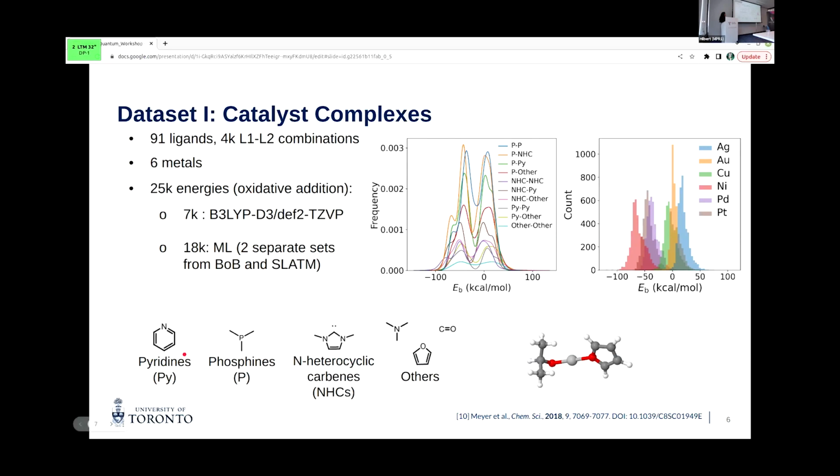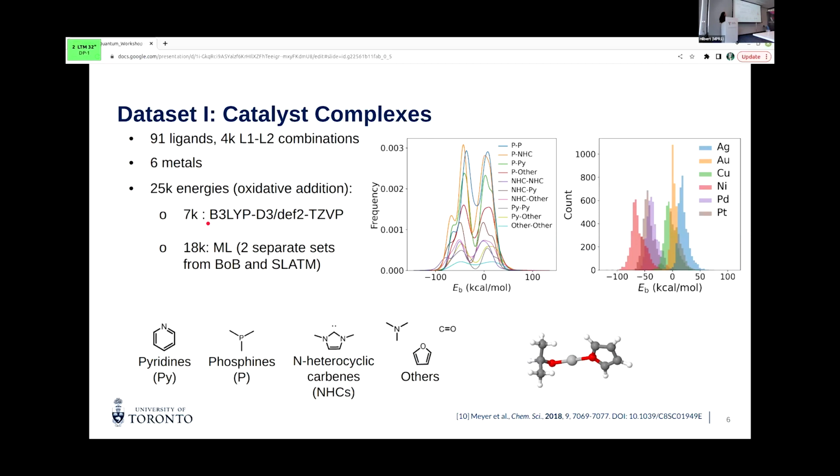Those ligands belong to 4 types: pyridines, phosphines, NHCs, and other minor groups. We'll have 6 metals, all transition metals belonging to groups 10 and 11 of the periodic table. 7K of those energies came from DFT calculations, B3LYP, and 18K came from machine learning calculations.